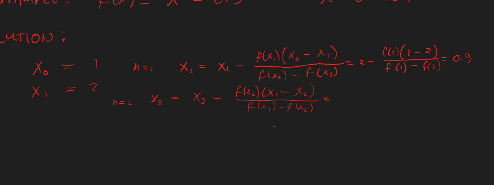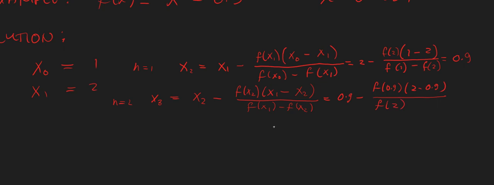So this will be x2 is 0.9, so 0.9 minus f of 0.9 minus x1 is 2, so 2 minus x2, 0.9, all over f of 2.